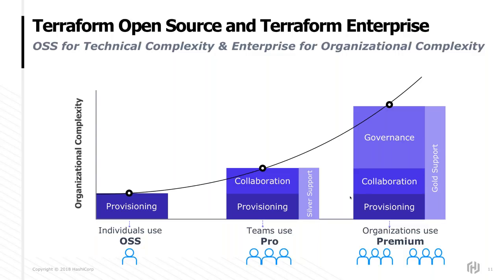When you get to a larger team, that's when you would start to benefit from the collaboration capabilities that Pro adds on top of the provisioning capabilities. And then if you have a larger organization consisting of multiple teams, that's where we then add on governance capabilities and of course expanded support. So that's how in general you're going to find that features are allocated or targeted to these different versions of Terraform and our other products as well. It's the same principle.